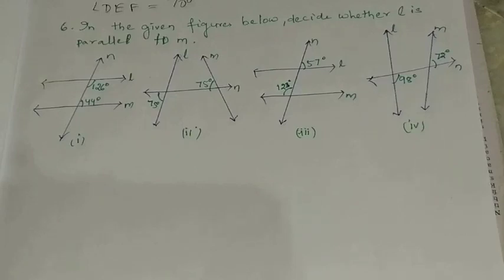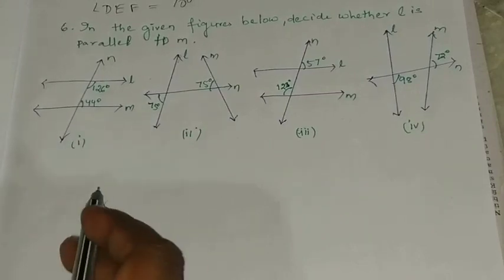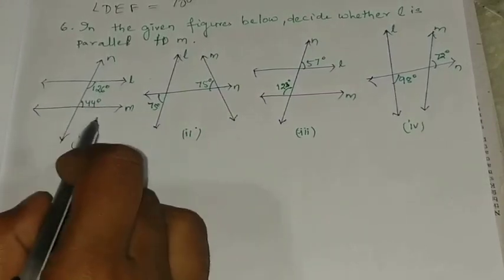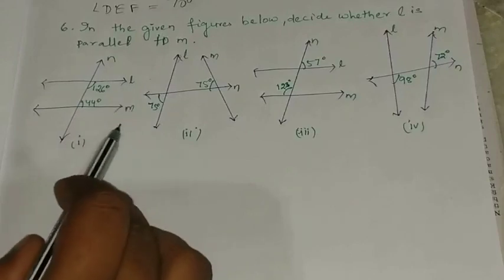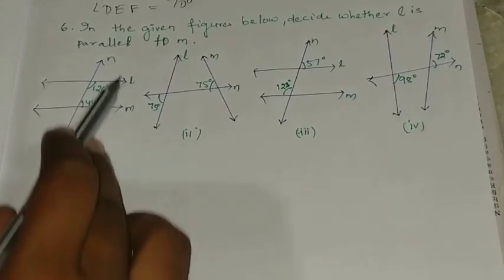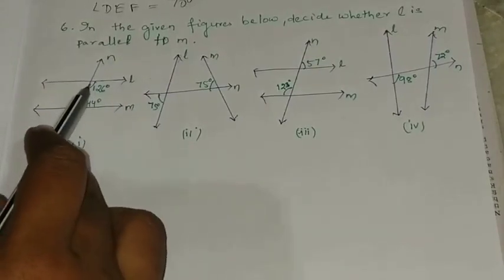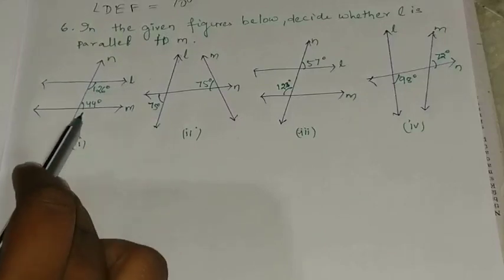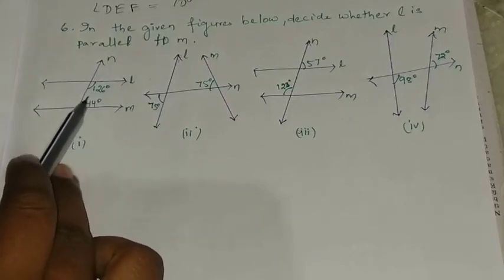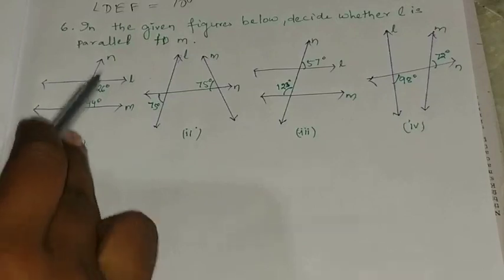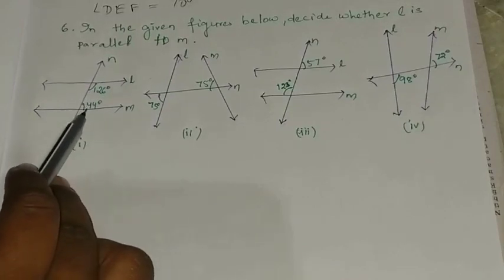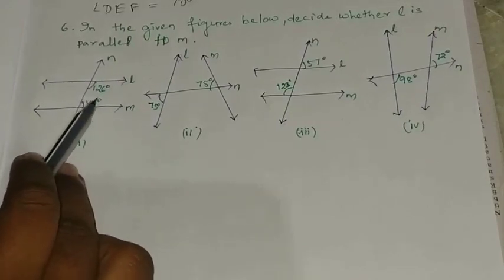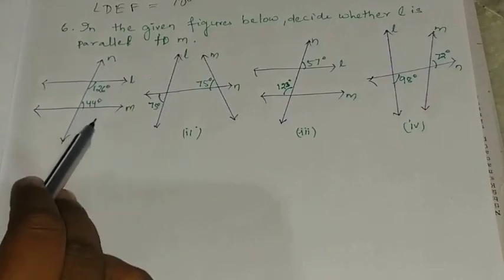So let's see number 1. Look here. In the number 1 figure, L and M are given, N is a transversal, and two angles are given. These two angles are a pair of angles on the same side of the transversal.